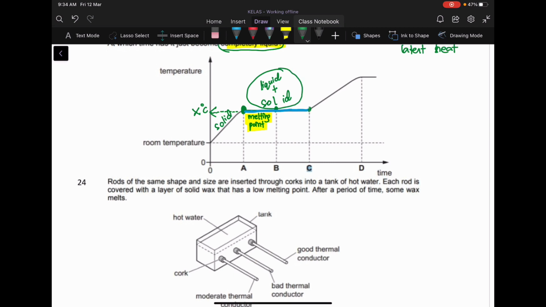And then at C, after C, the temperature rises. So this means this is the moment when you get it completely liquid, and what happens is the temperature increases. So the answer is yes, C. Right?